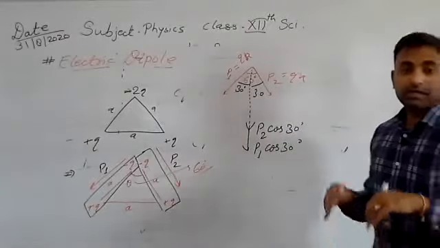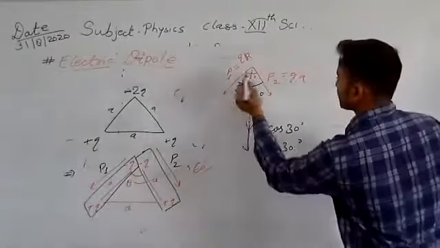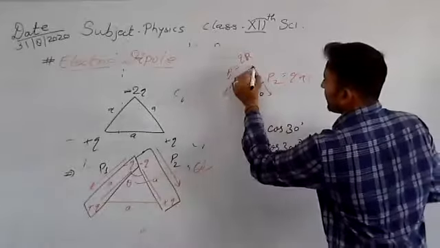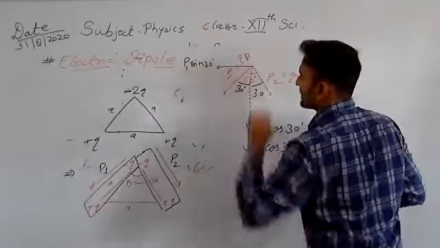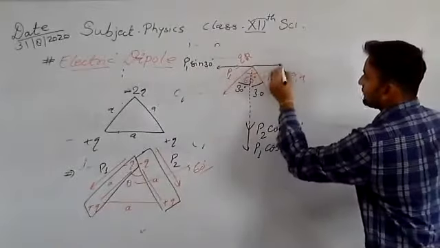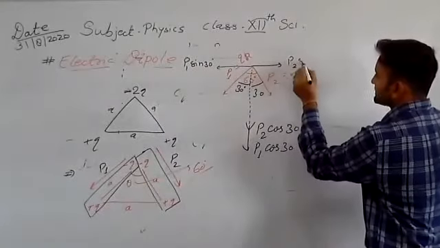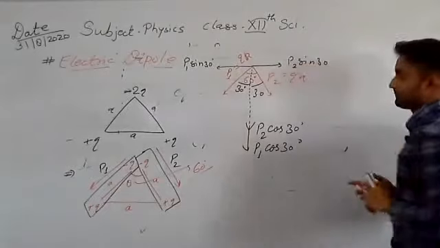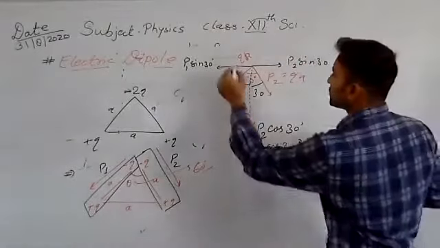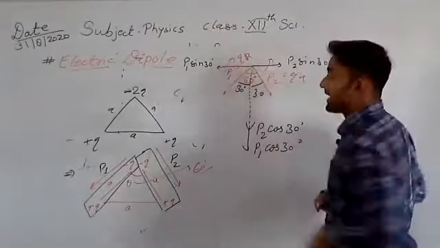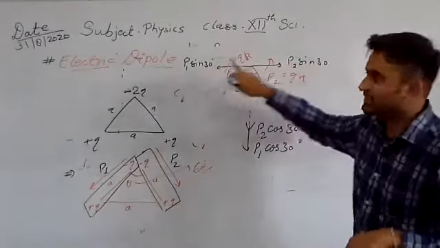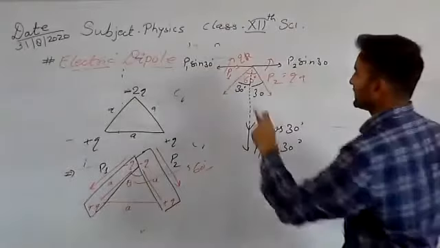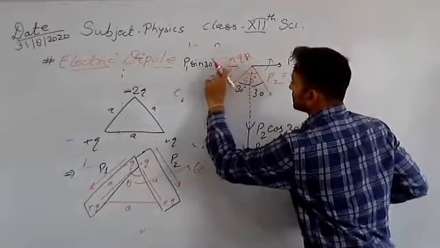What about the other component? For P1, I'll have P1 sin 30. For P2, I will have P2 sin 30. Can I cancel these two out? Why? Because P1 is equal to P2 and sin 30 is equal to sin 30. So I can simply cancel out these two.